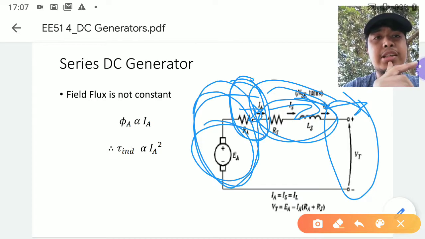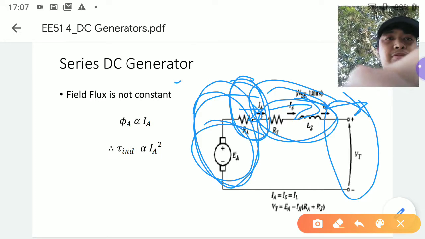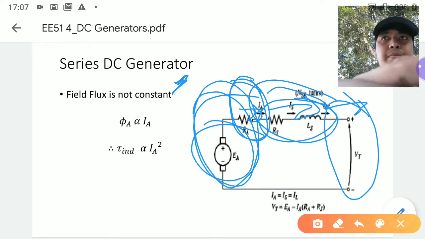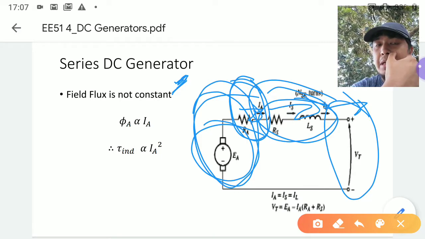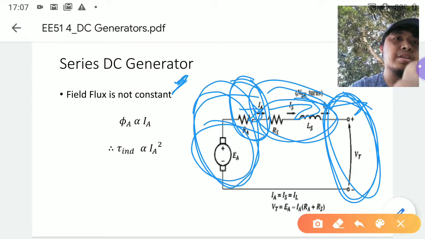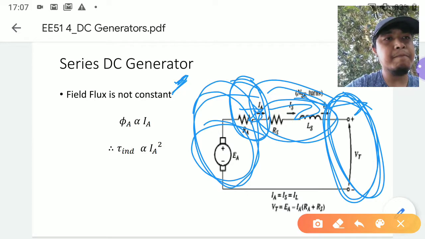Now what happens here is that your field flux is highly variable. It's highly dependent on the loading. Of course, as opposed to your shunt generator, it's no longer reliant on your terminal voltage.